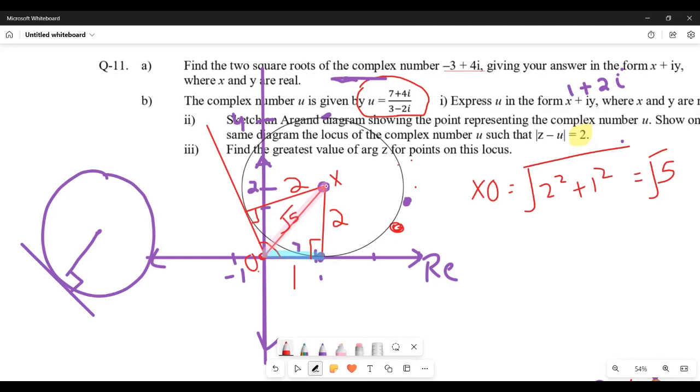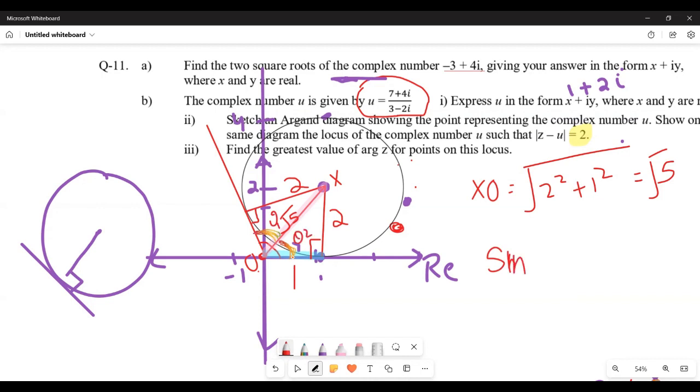Okay. Now can I find the angles somehow? Yes, I can. I can use the upper triangle, get this angle, and then I can use the lower triangle and get this angle, and I'll add them, and I'll get the maximum value of argument of C. So for the upper triangle, I'm going to use sine theta. Let's call it theta 1 and call this theta 2.